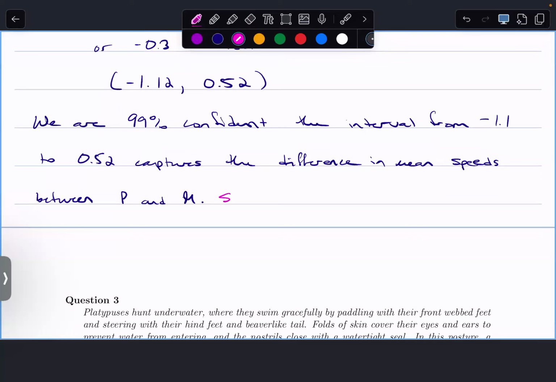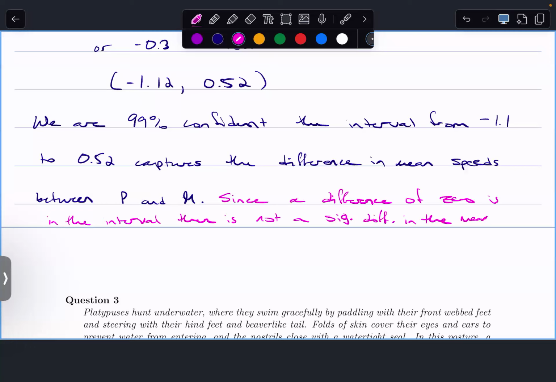Since a difference of 0 is in the interval, there is not a significant difference in the mean speeds.